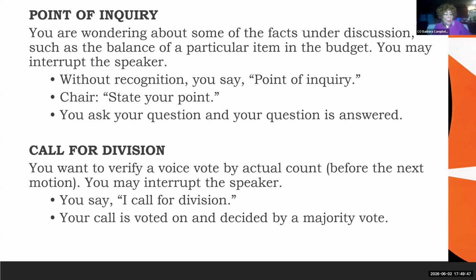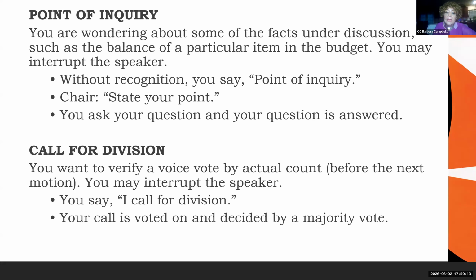Now, sometimes when we take a voice vote, the chair may rule the motion passed. And you say, I know that motion didn't pass. The no's were louder. You simply say division. It's not, I need a second, not debatable, but your vote requires a majority vote for them to count. The chair says, you've heard division.